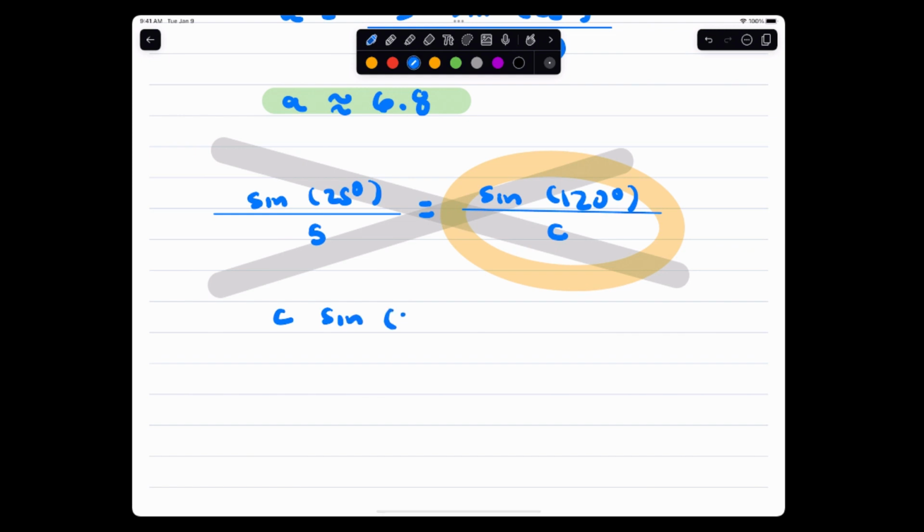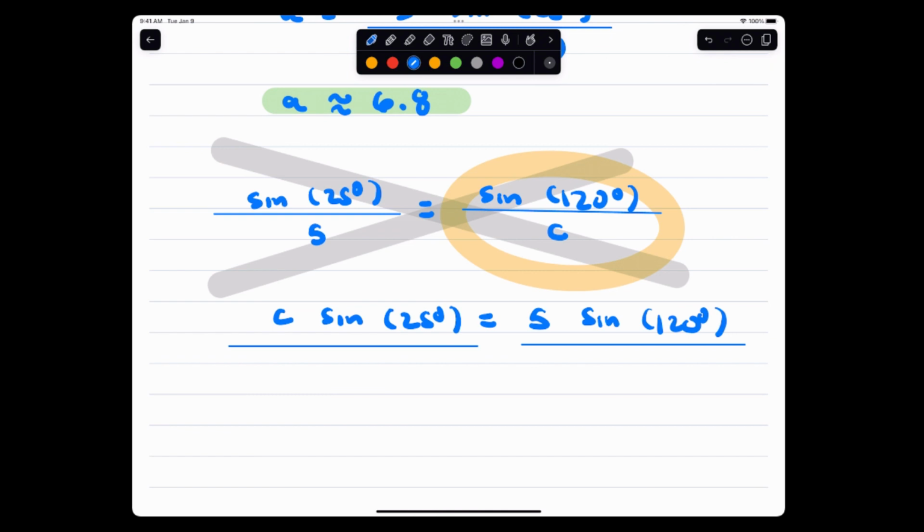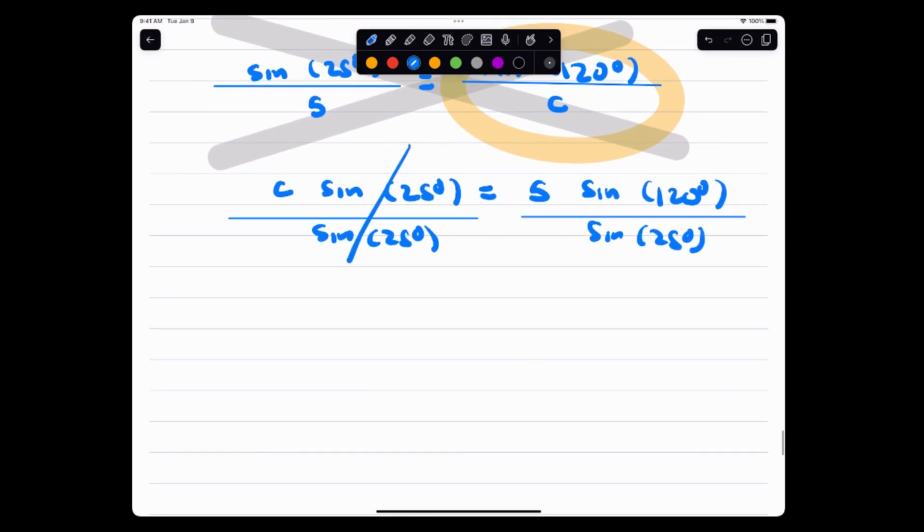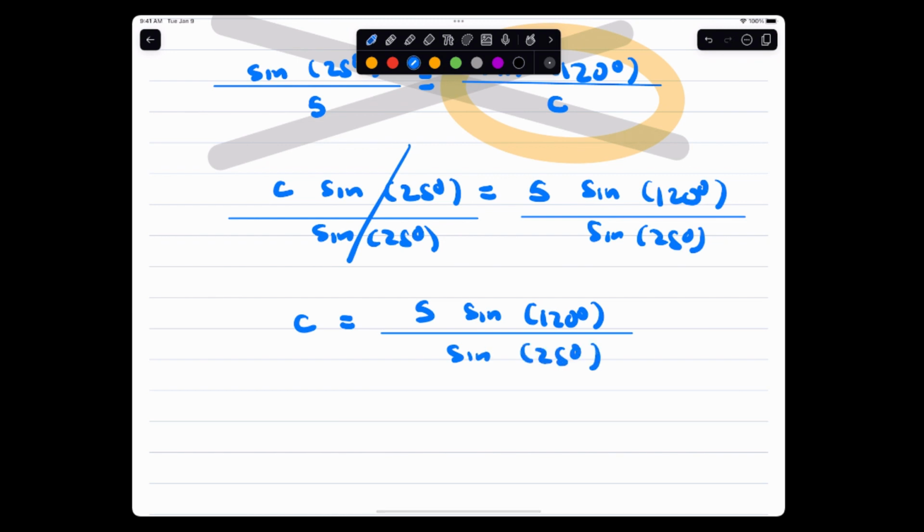C sine what? 25 becomes 5 sine of what? 120. Divide both sides now by sine 25 degrees. C will be 5 sine 120 divided by sine 25.